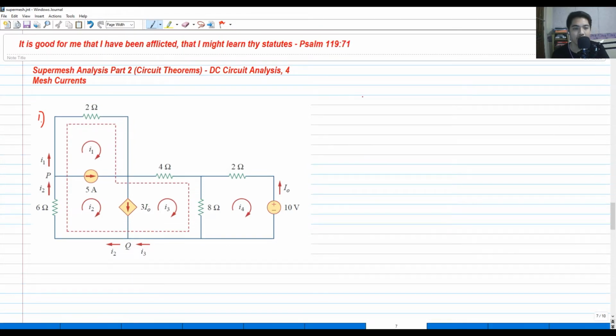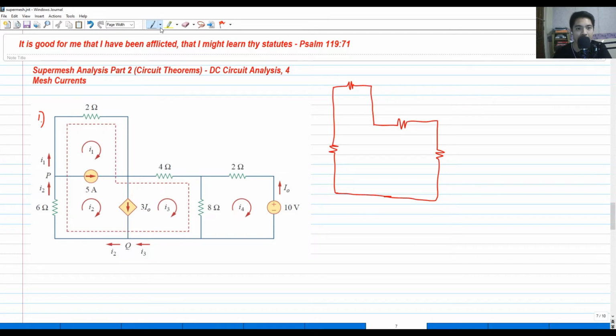So again, if we are to remove those elements, the current sources, we will be having a circuit that would look like this.